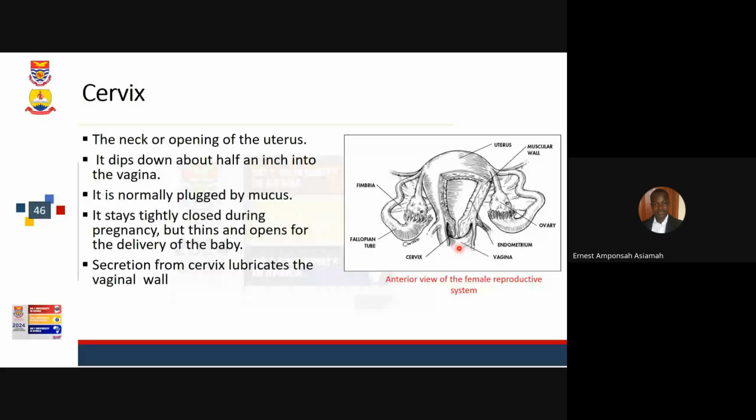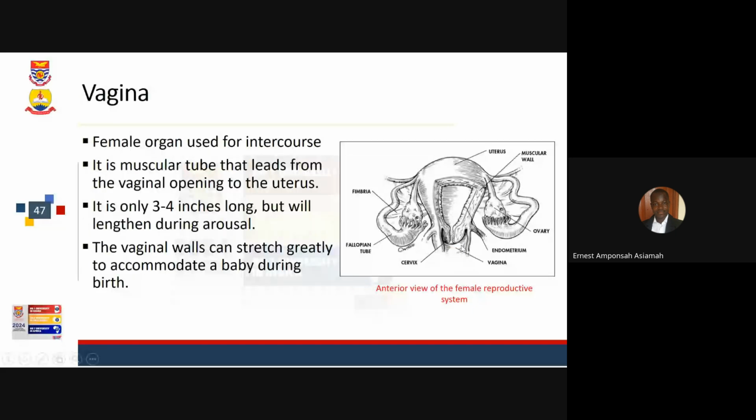But prior to childbirth delivery, the mucus, the phlegm, is going to thin out so that the baby will be able to come out. The cervix produces secretions that will lubricate the wall of the vagina.